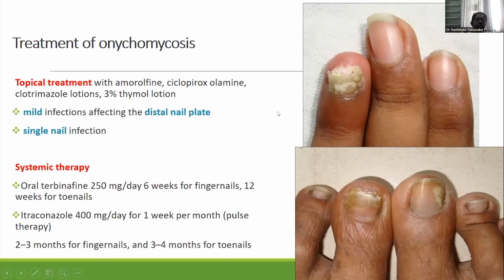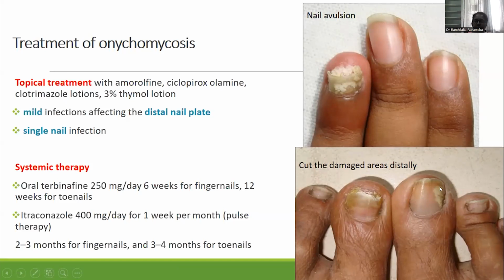So when you give topical treatment, you can cut the damage. If it's a single nail, you can totally remove this nail. Now, this upper one, the whole nail is affected, but it's only one nail. So you can remove the nail plate and start topical application and systemic therapy.